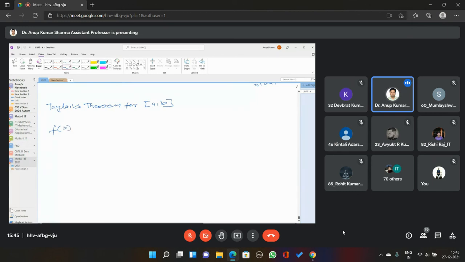So x is here b, because we take the upper point. f(b) equals f(a) plus (b minus a) upon factorial 1 f dash of a, plus (b minus a) whole square by factorial 2 f double dash of a, plus dot dot, plus (b minus a) power n upon factorial n f n of a, plus the remainder term (b minus a) power n plus 1 upon factorial n plus 1, f of n plus 1 derivative at c, where c lies between a and b.